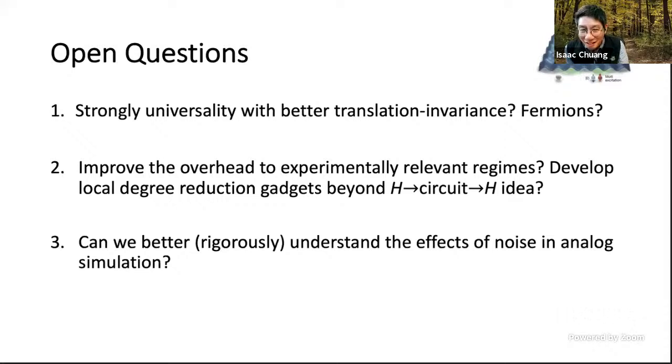Okay, and another one. Could you give an example of a strongly universal experimental analog Hamiltonian system? Yeah, so I think, for example, the IBM device implements essentially the XY interaction on a 2D lattice, and that is an example of a strongly universal Hamiltonian. And I'm sure that many systems like cold atoms and ions do too.